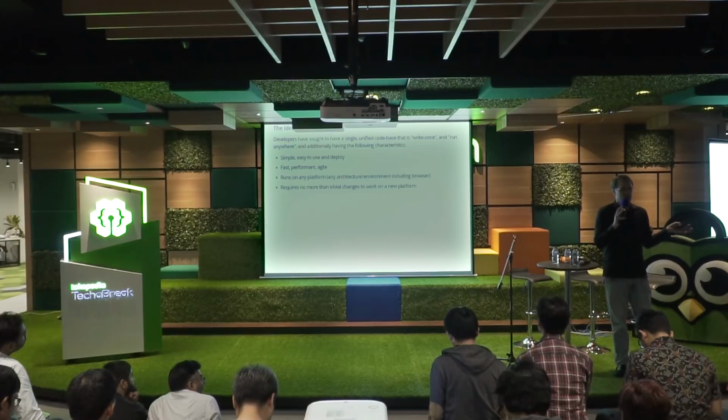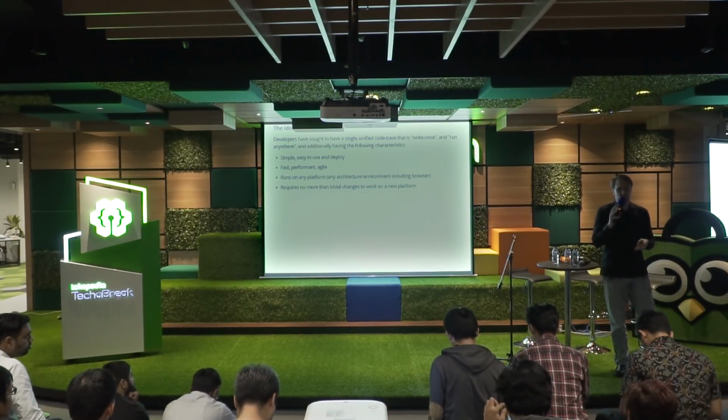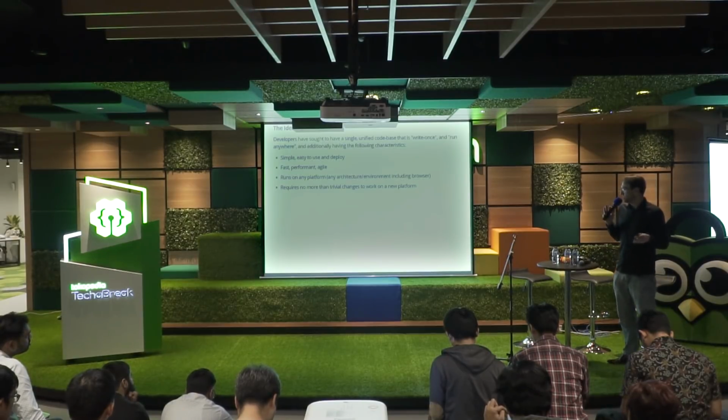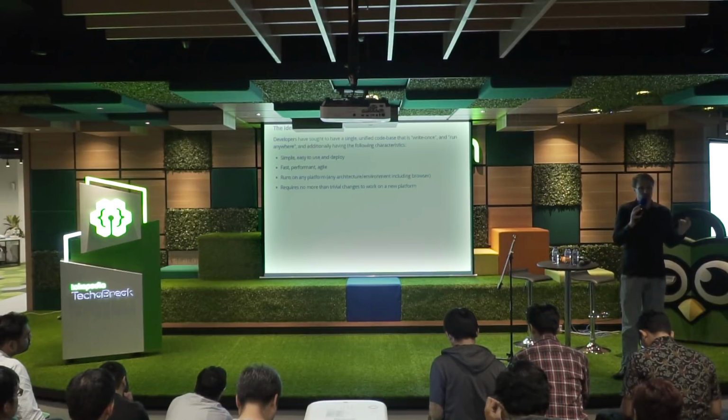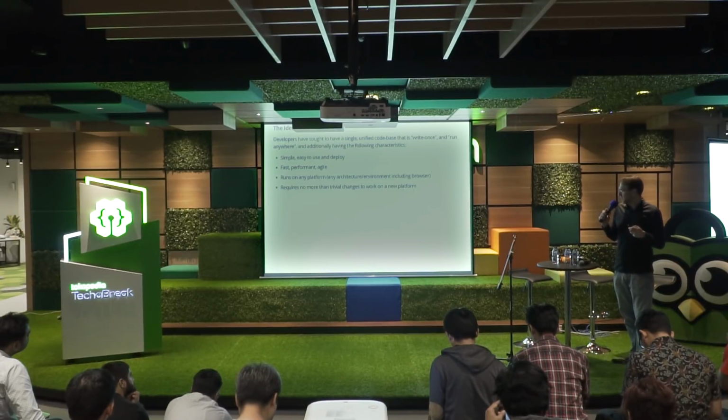And we don't want to have to make a bunch of different changes to it in order to do that. Some of the other things we want with that is that we want the code to be fast, we want it to be native, we want it to be type safe, things like that.